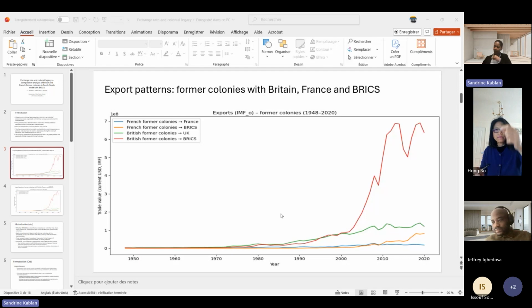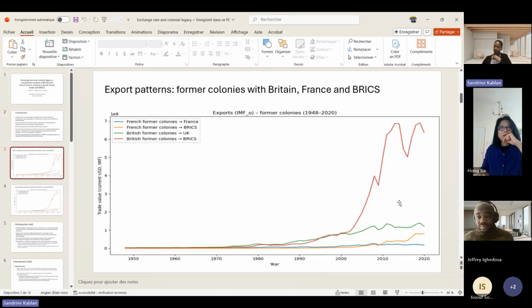Now, for the evolution of trade, yes, I must admit that we didn't spend time trying to analyze why we have this dramatic increase of British former colonies' trade with BRICS. But 2000 is a year of strong emergence of these BRICS countries, and as an element of answer, I can say that this period was a period of strong emergence of these BRICS countries.